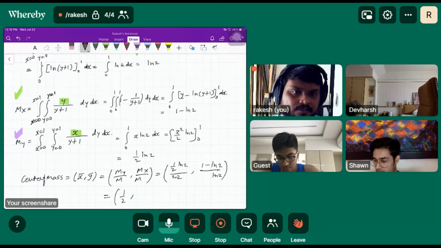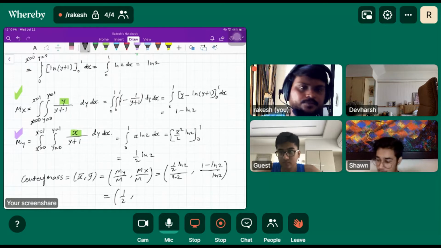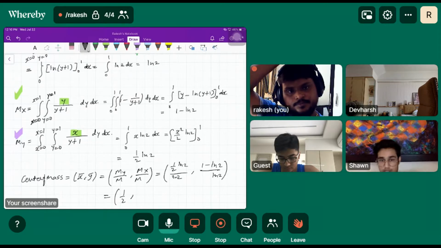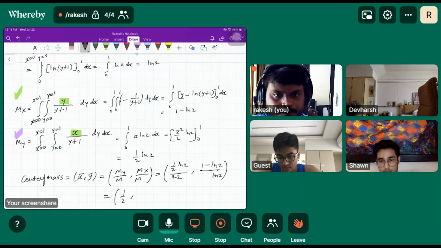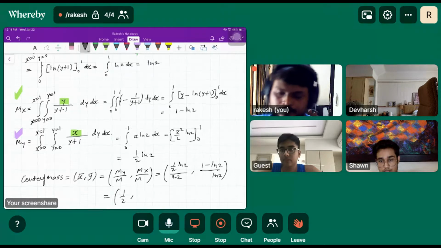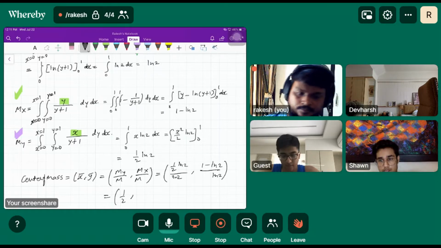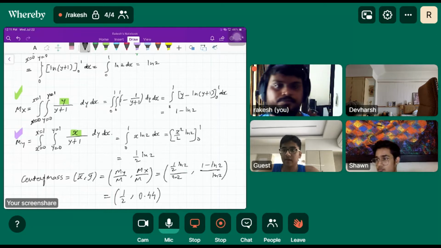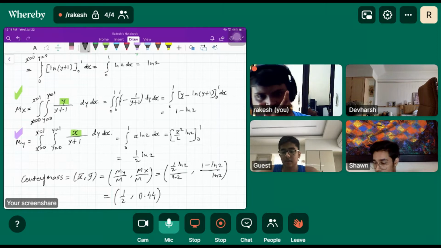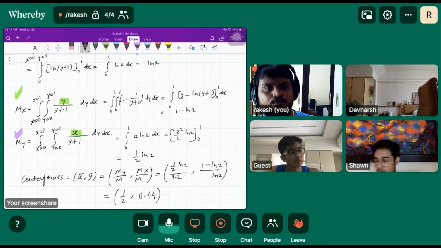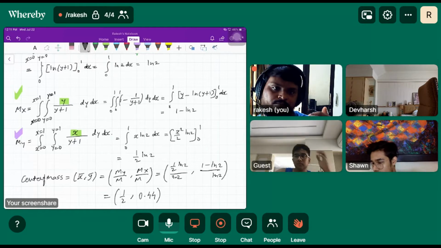So what is the answer here? 1 minus ln2 by ln2. Yeah, 0.44. It's fine. So it's basically less than half, right? It must be less than half from our observation.